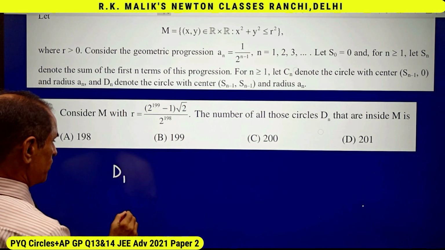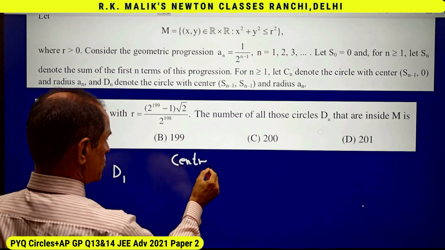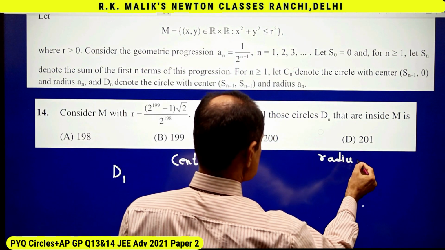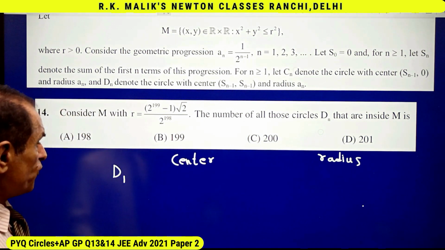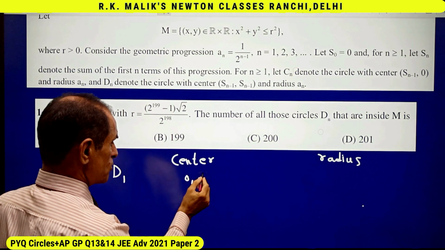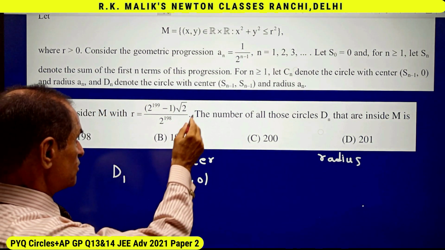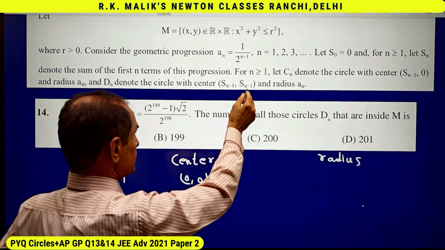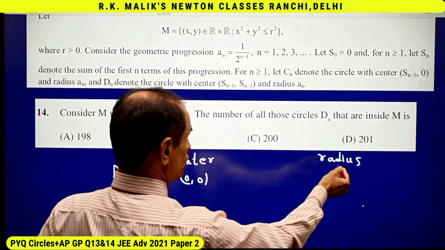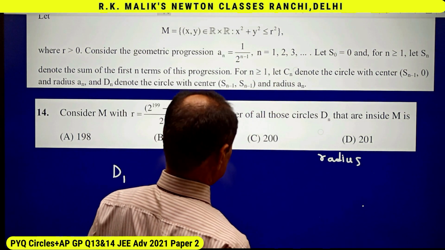Therefore, for the circle D1, center will be 0, 0, because for the circle D1, center will be S0, S0, and S0 equal to 0 is given to us.